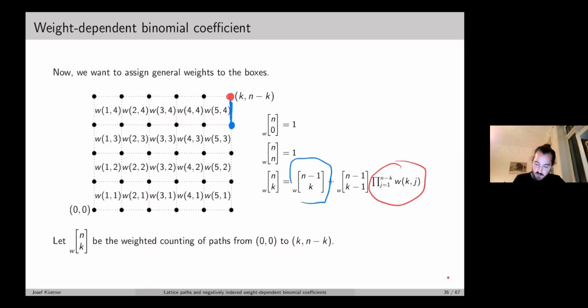Then we take this one in the recursion, n minus 1 choose k, which has k east steps and goes to n minus 1 minus k. Or the last step is an east step. Then we take all the paths that go from 0, 0 to k minus 1, n minus k. They are counted by this one here. And we also have to take into account these weights that are below. And this is just what this product is telling us.